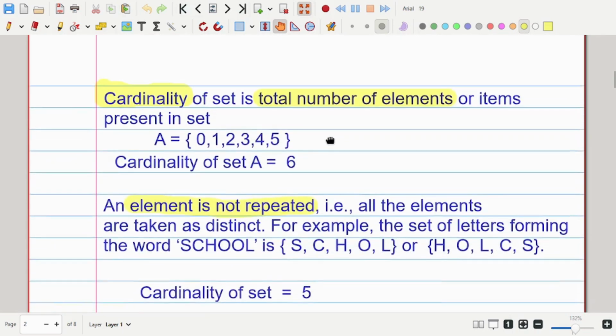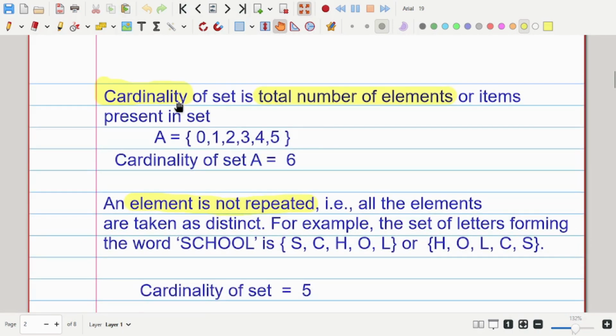So what is the cardinality of a set? Cardinality of a set means the total number of elements present in a set. Example, A is a set of 0, 1, 2, 3, 4, 5.